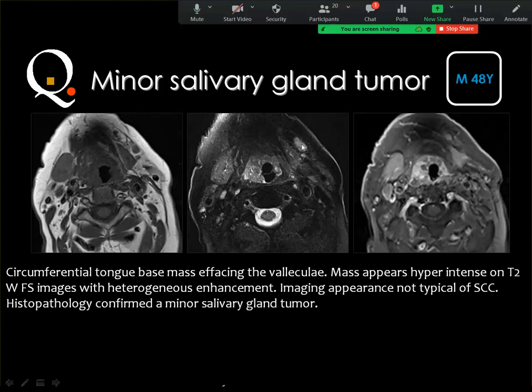You may say that this is oropharyngeal carcinoma. You may say that this is carcinoma of the minor salivary glands, and both are right answers, I mean.